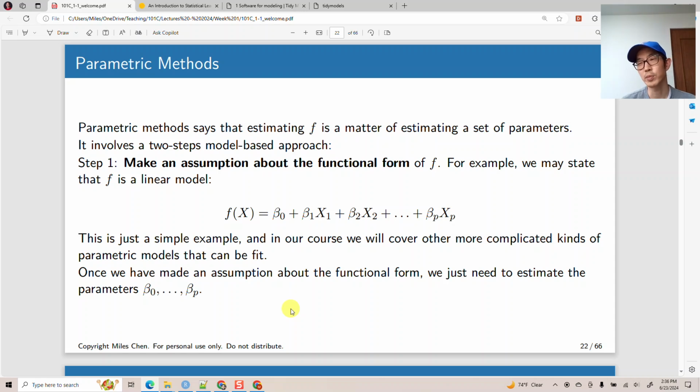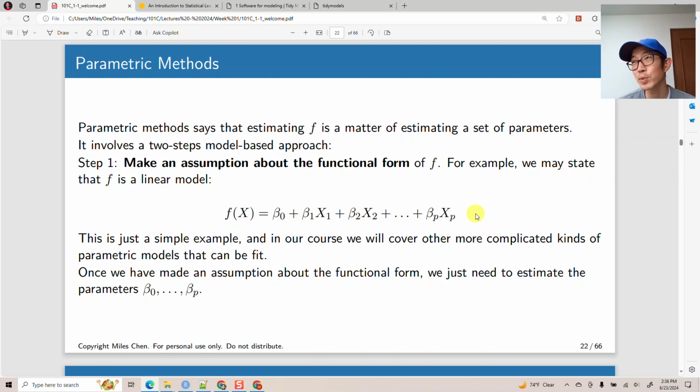For example, we might say the functional form of f is a linear model with these parameters. We have a coefficient for the intercept, a coefficient for the x1 variable, a coefficient for the x2 variable, and we have different coefficients for all of these things.